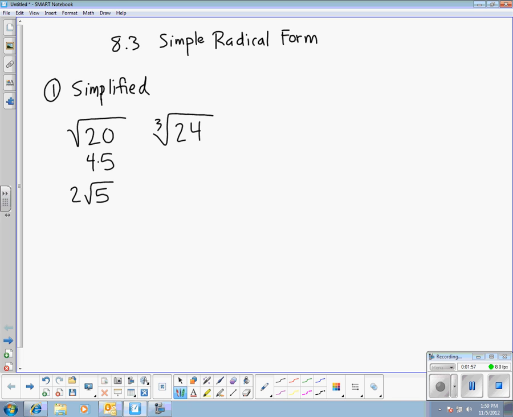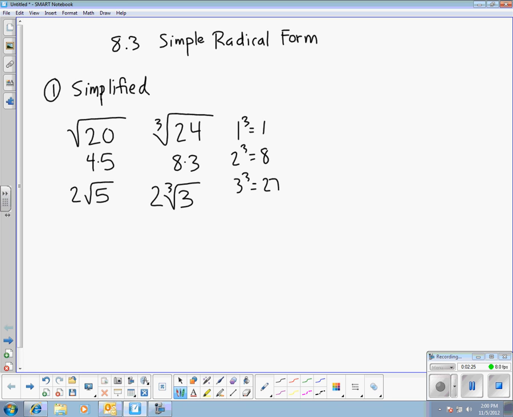So just think about your perfect cube numbers. 1 cubed is 1, 2 cubed is 8, 3 cubed is 27, and my only option here is 8. Since 24 is 8 times 3, I can take the 8 and pull it outside and evaluate the cube root of 8, which is 2, and I'll get 2 times the cube root of 3.